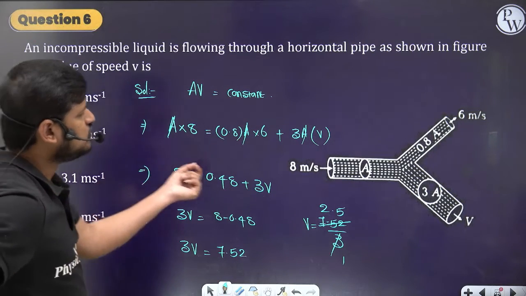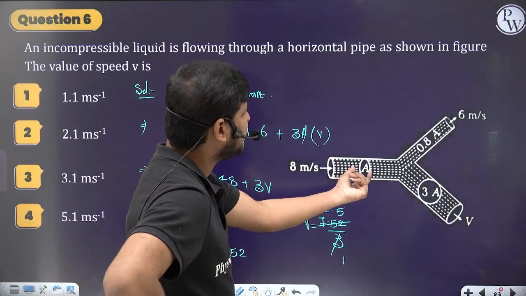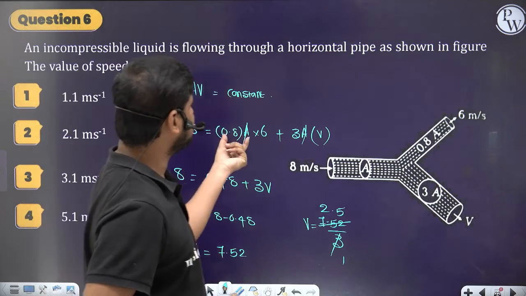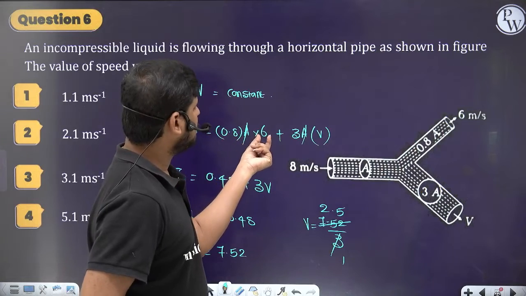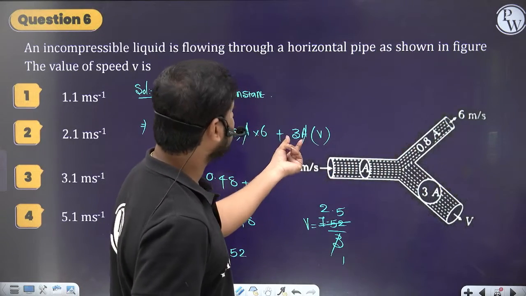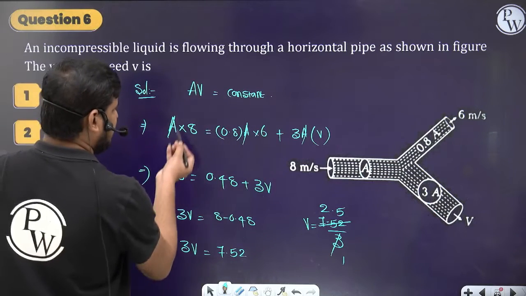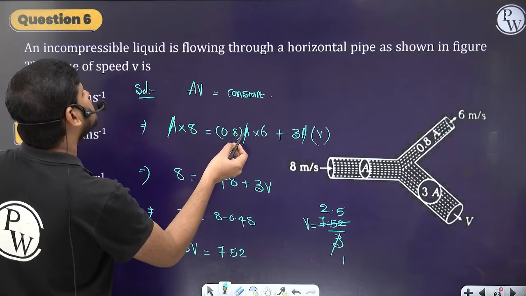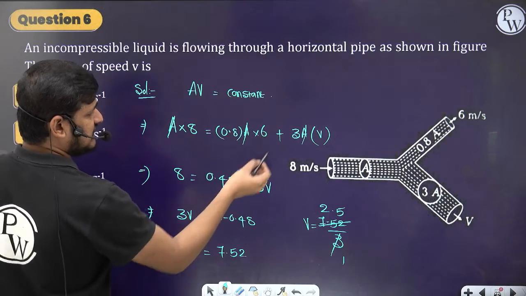So A into the cross section velocity is 8. So the cross sectional area is A here. So A into 8 is equal to 0.8 into A into 6, plus speed here 3A cross sectional area into the velocity V. So here A gets cancelled. 8 is equal to 0.48 plus 3V.